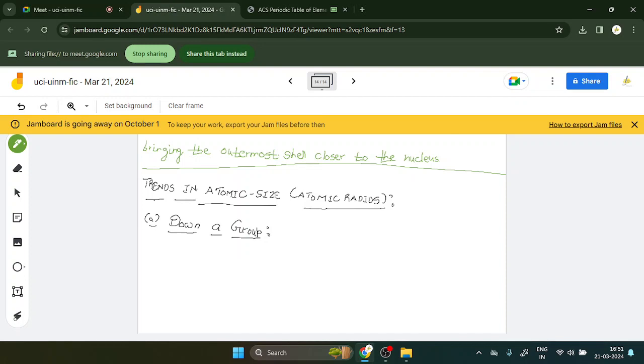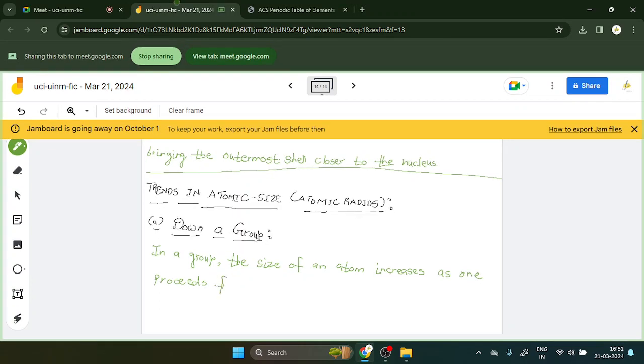So the atomic size, or the size of an atom, increases as one proceeds from top to bottom in a group, because the number of shells of an element increases.